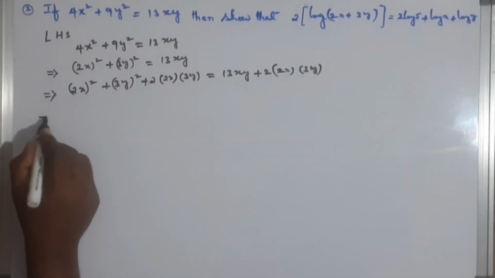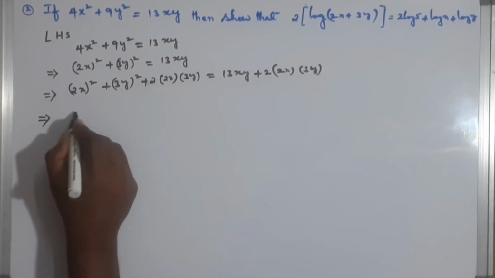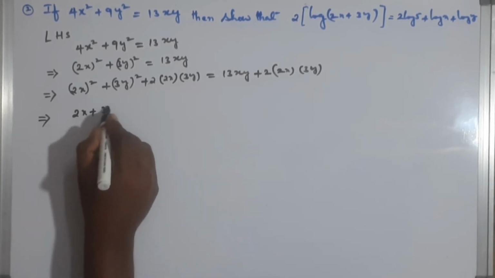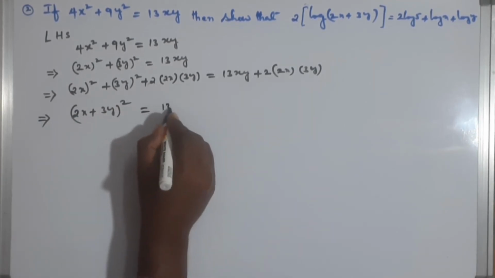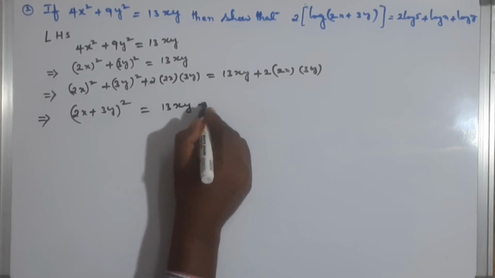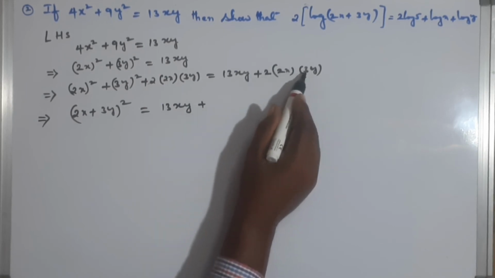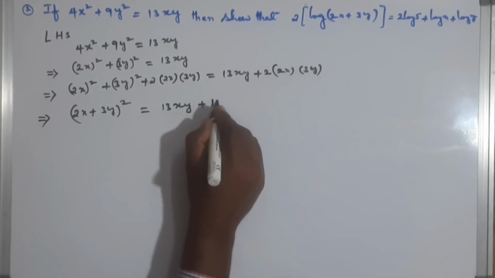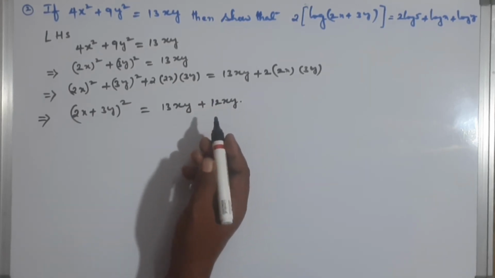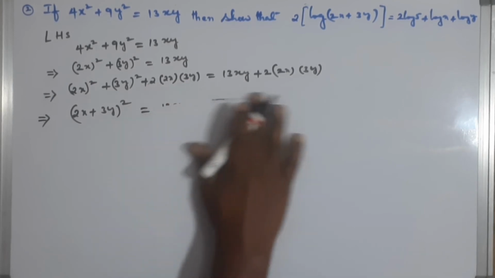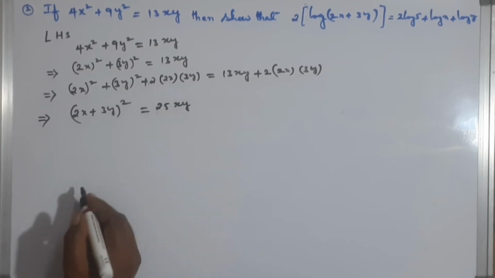Next step, it is like a square plus b square plus 2ab, so (a plus b) whole square, which equals 13xy plus, how much? 2 into 2 is 4, 4 into 3 is 12, 12xy. So if you add the sum, this is 25xy. So directly it is 25 into xy.